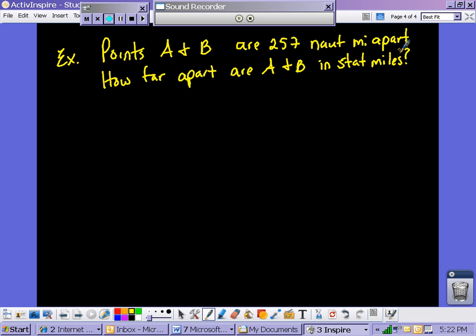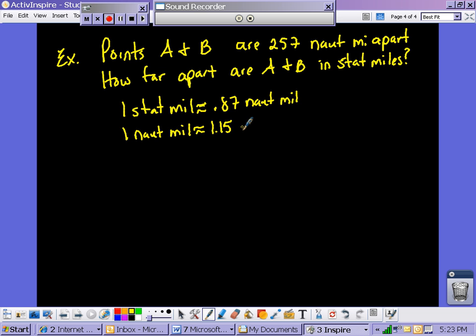All right, so if we can recall our conversions, one stat mile is approximately 0.87 knot miles, and this is just like the conversions that we did earlier, just making sure things cancel out with our units. These are all our conversion factors.